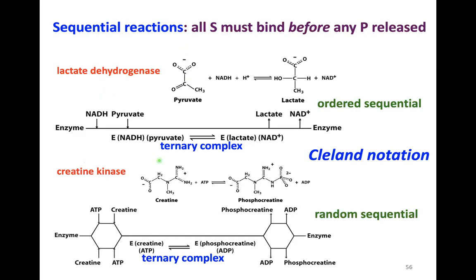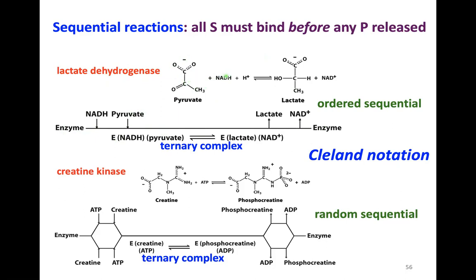So in a sequential reaction, all substrates have to bind before any product is released. So this introduces us to Cleland notation, okay? This horizontal line represents our enzyme. And for your frenemy, hopefully not a nemesis, lactate dehydrogenase, LDH, we have pyruvate combining with NADH.